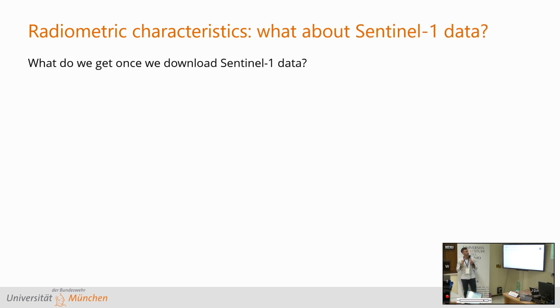What do we get once we download Sentinel-1 data? I told you the beta, but it's not exactly that. Those of you that have experience with Sentinel-1 data, how is this called by ESA, from the ground segment?